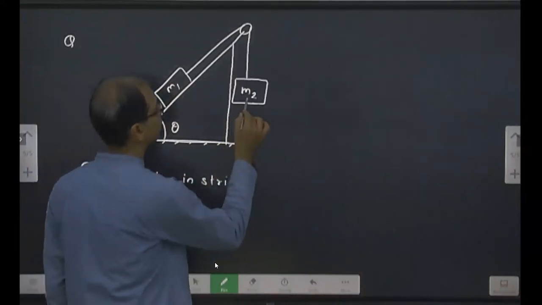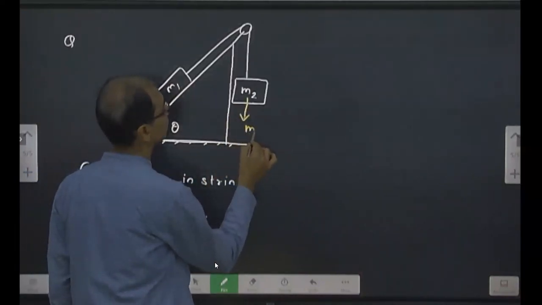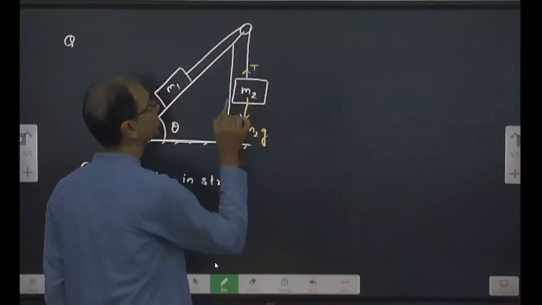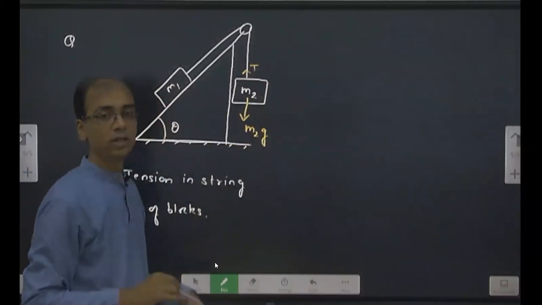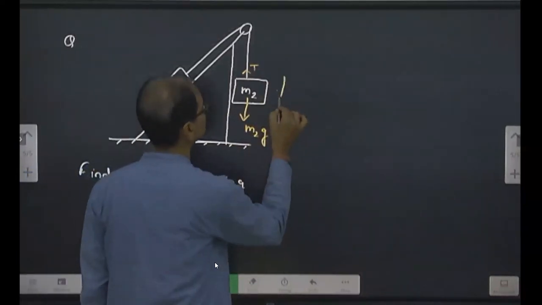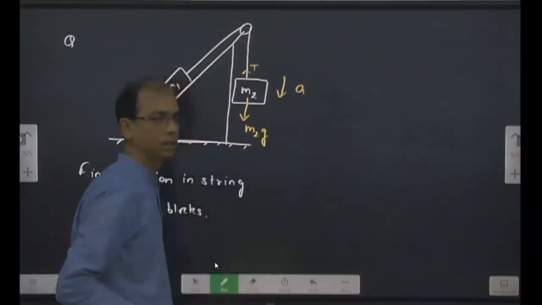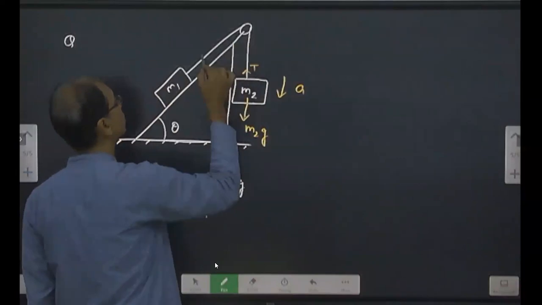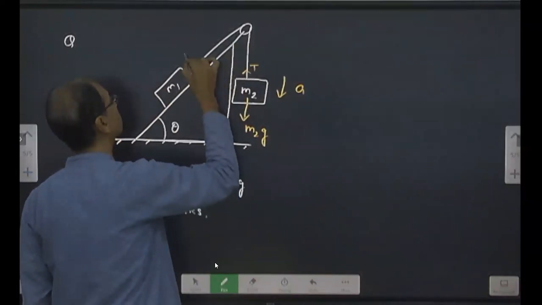Free body diagram says weight is acting downwards and there is a tension. And if we assume M2 is heavier and say that acceleration is downwards, it's like this. Then this is the same string, so tension will be the same.